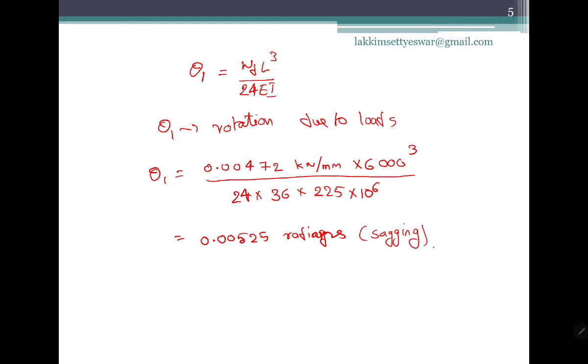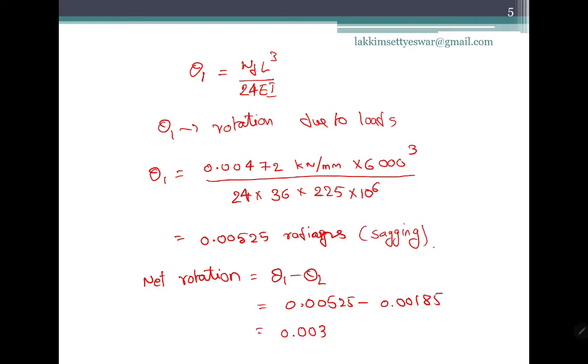Sagging. So the net rotation is the difference between rotation due to pre-stress and transverse loads. So that is equal to 0.00525 minus 0.00185. The difference value is 0.0034 radians. The net rotation is 0.0034.